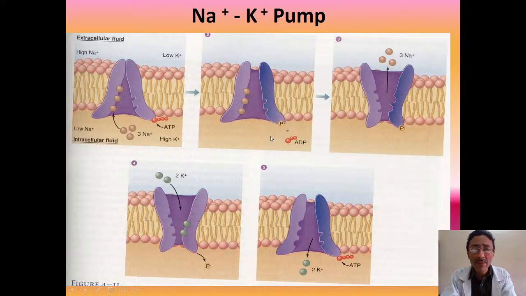Activation will cause phosphorylation of ATP into a phosphate bond, and ADP and energy will be released. Once this phosphorylation takes place, immediately the active site which was closed will open. Once it opens, sodium will move from inside to outside against the concentration gradient.